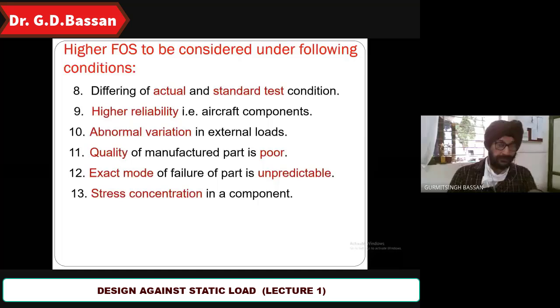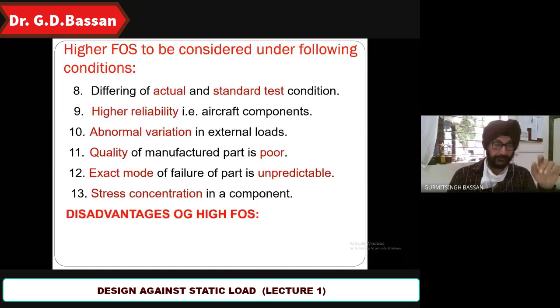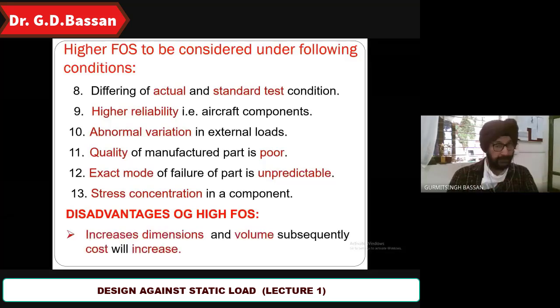Now, what is the disadvantage of higher factor of safety? When you take the higher factor of safety, what will happen? Dimension is increased. With a higher factor of safety, the material is more, so the dimension is more, the volume is more.